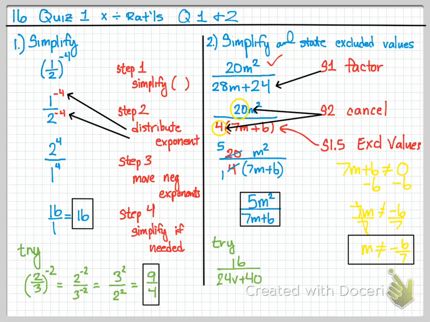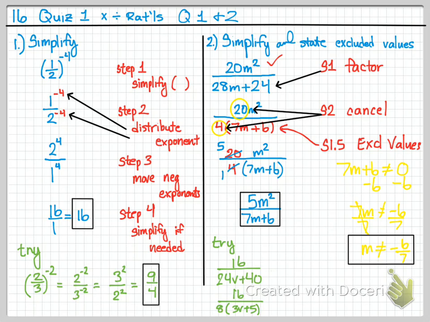Okay, you try this. 16 over 24v plus 40. Press pause, try it on your own. All right, welcome back. Step 1 is to factor. The numerator is fine. The denominator we need to factor. 16 stays the same, but 24v plus 40 you can factor out an 8.